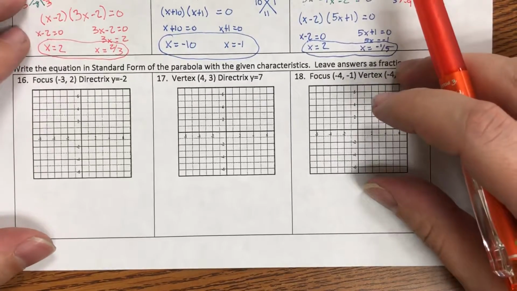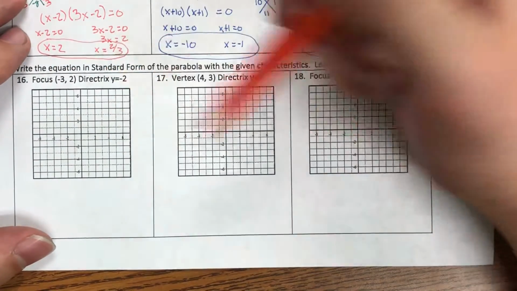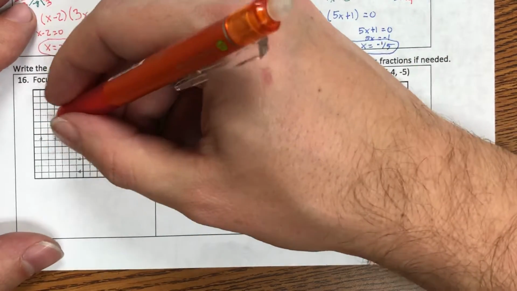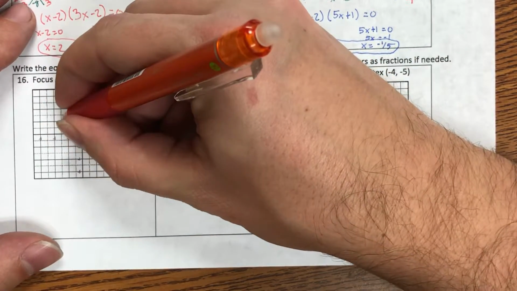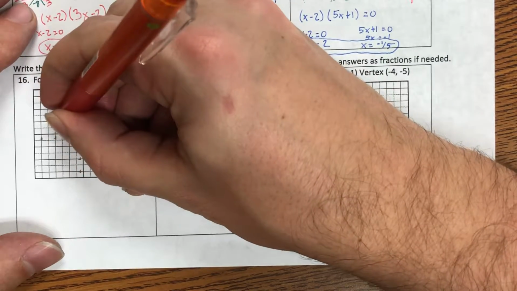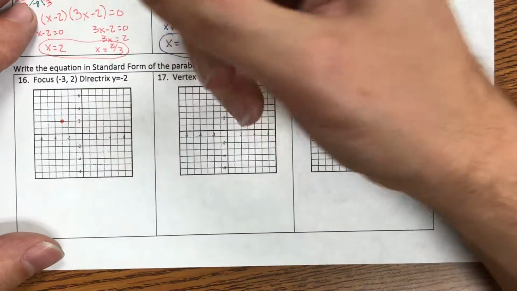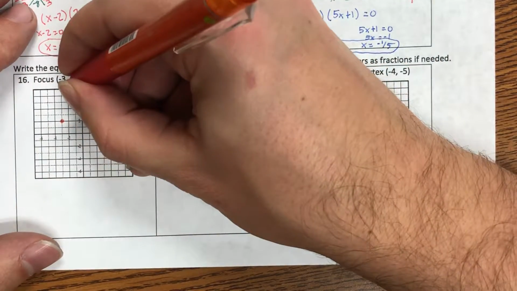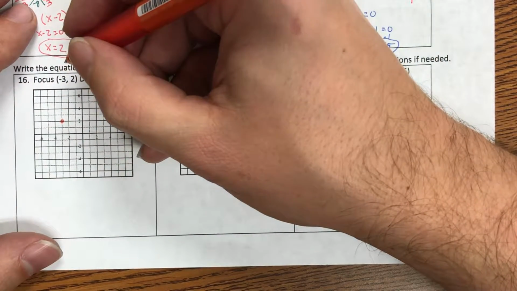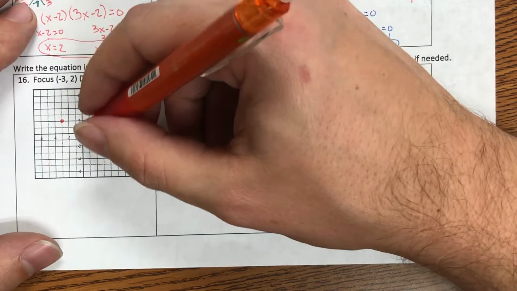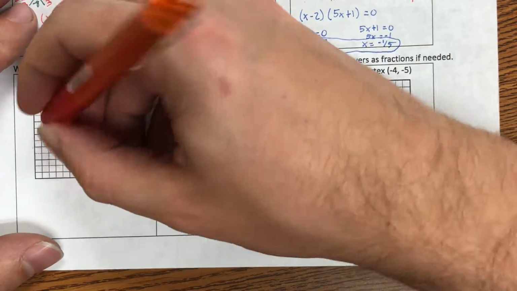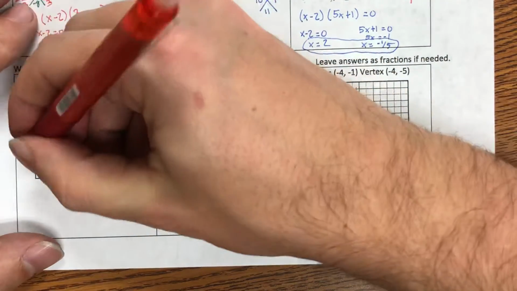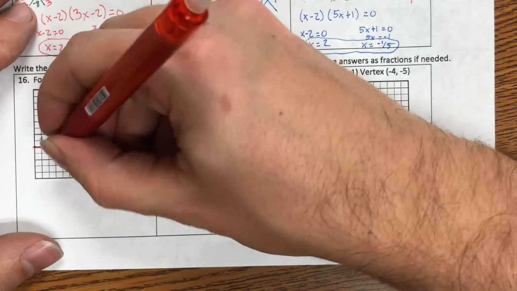So for this, it's giving me the focus and the directrix. So my focus is the point negative 3, 2. My directrix is y equals negative 2. So that is down here.